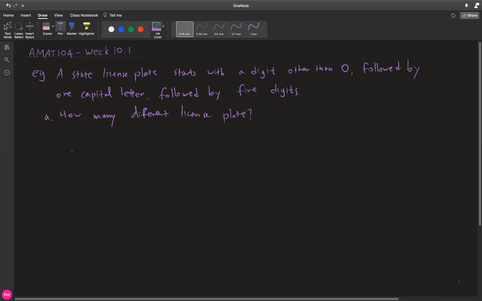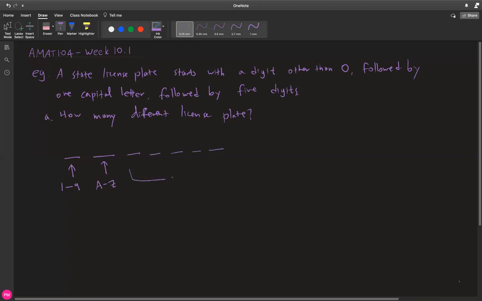So it looks like in the state license plate, we have the first digit, which can vary from 1 through 9. It says excluding 0. And we have one capital letter, which is through A through Z. And we have 5 digits, 1, 2, 3, 4, 5.